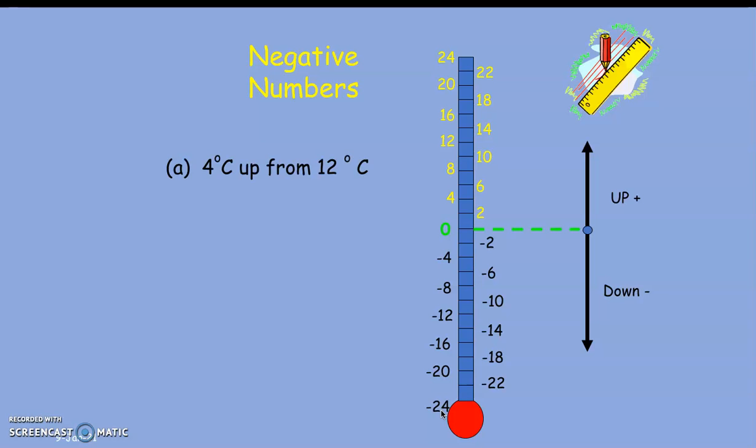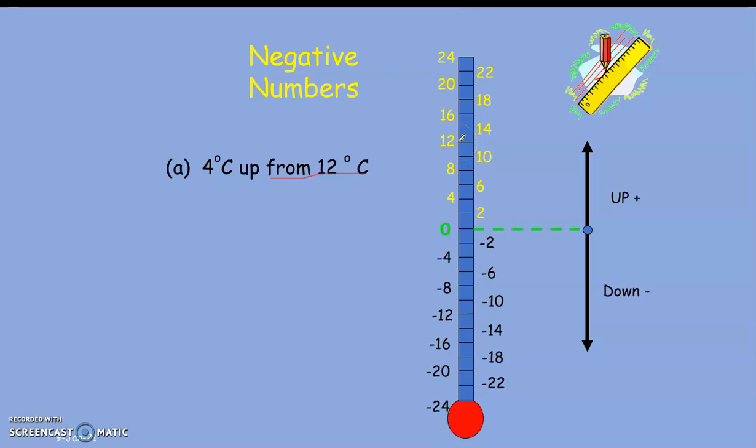So, question number 1. What is 4 degrees Celsius up from 12 degrees Celsius? When we're answering these questions, guys, it's really important that we work out where we are starting from. We are going 4 degrees Celsius up from 12 degrees Celsius. So that means we're starting at 12 and we're going to add on 4.